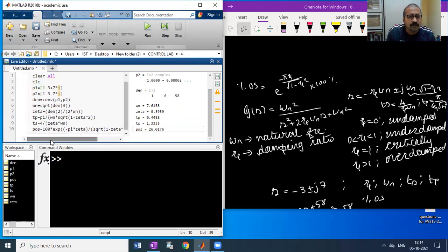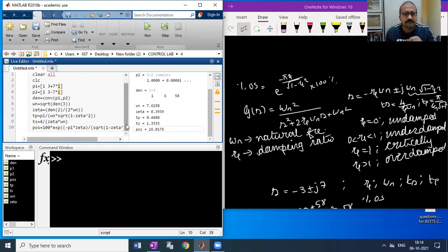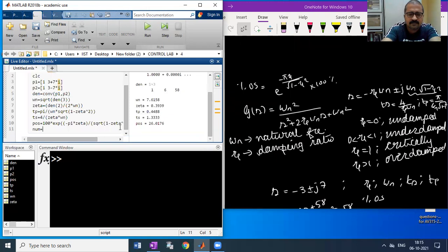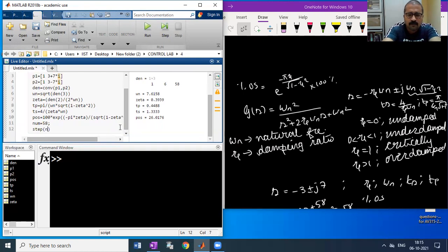Now let us plot this. Let us assume that the numerator is 58. So the numerator is 58, and then step of num comma dem.